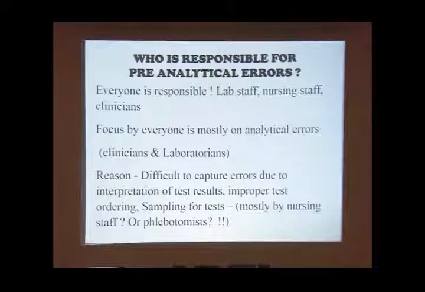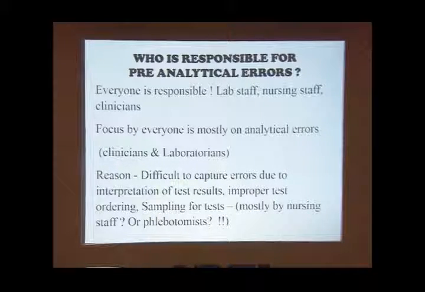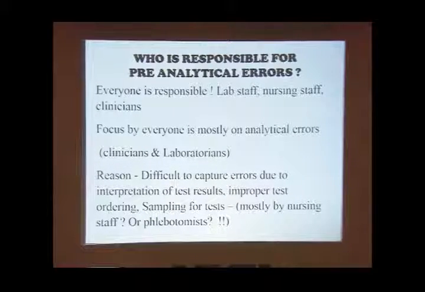Now, who is responsible for the pre-analytical errors? Everybody is responsible, the lab staff, nursing staff, clinicians. And when you look at the laboratory results, if a wrong result is reported, the first person to get blamed is the person who actually does the test. That is the analytical phase. Everybody finds fault with the only person who is actually doing the test. They are only blamed.